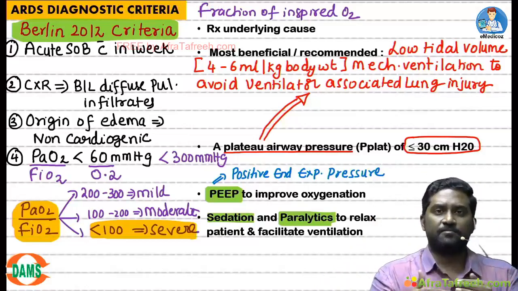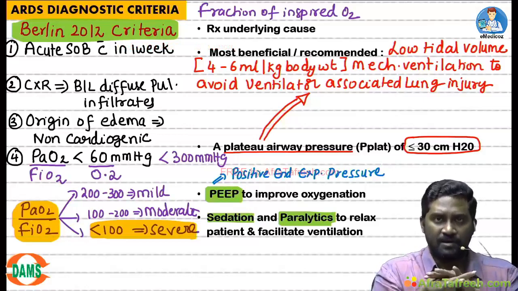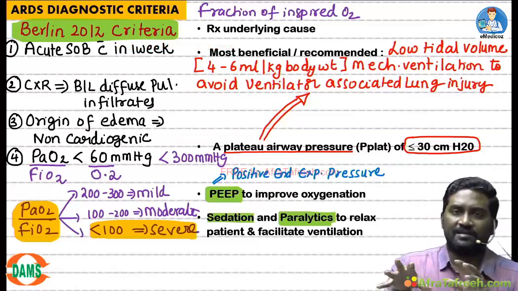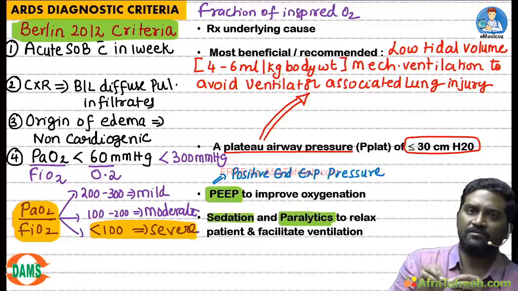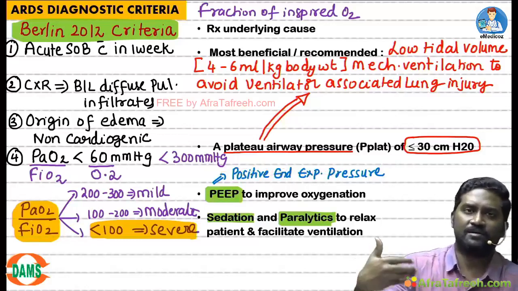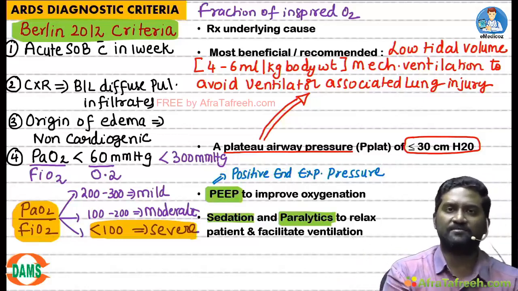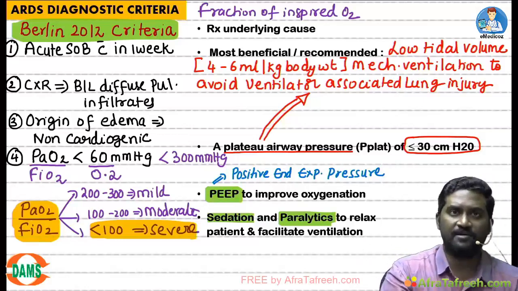So there will be patient and ventilator asynchrony, and ventilation will not happen properly. So completely knock down the patient. Let the ventilator do its job without any hindrance. So sedation and paralytics to relax the patient and facilitate ventilation.